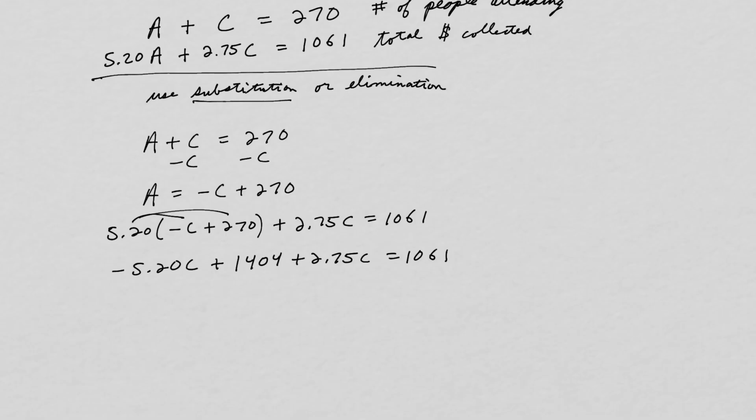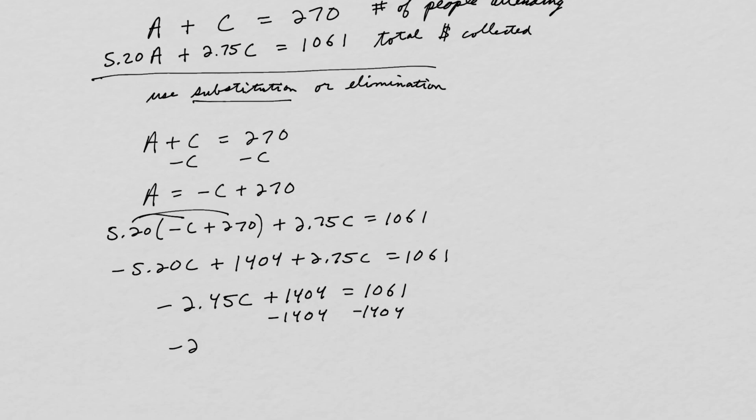I can combine like terms on the left-hand side, right? Negative 5.20c plus 2.75c is just negative 2.45c. And then I will subtract 1404 from both sides.